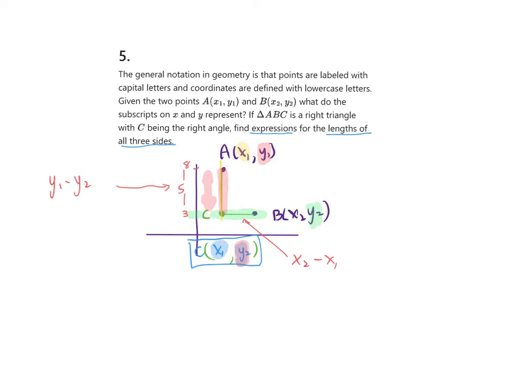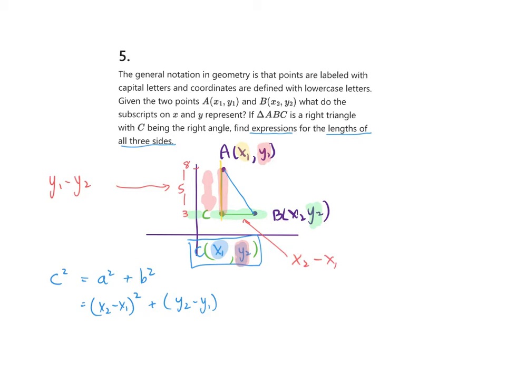Okay, now here comes the fun part. The fun part is we have to find the length of the hypotenuse. So that is c, so we can use c squared equals a squared plus b squared. And a, let's call a the x's, x sub 2 minus x sub 1, squared, plus, and then we'll have y, and I'm going to switch these around to y sub 2 minus y sub 1.